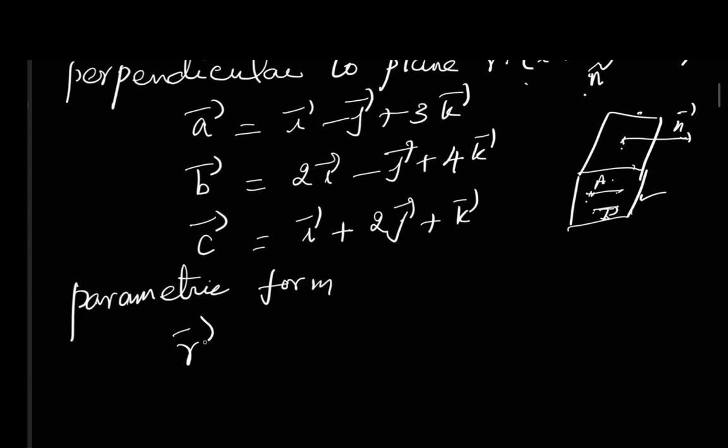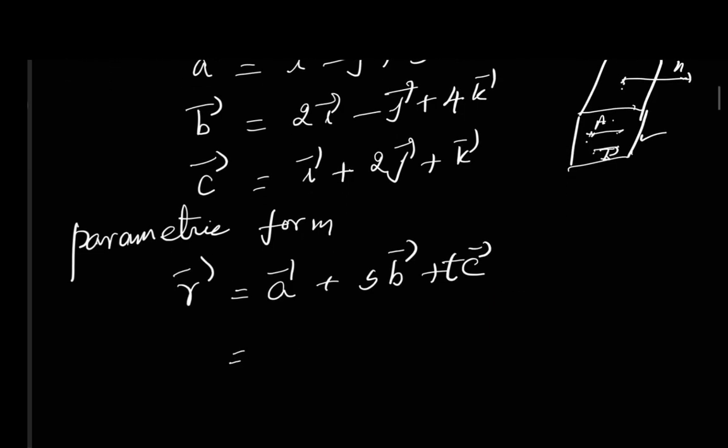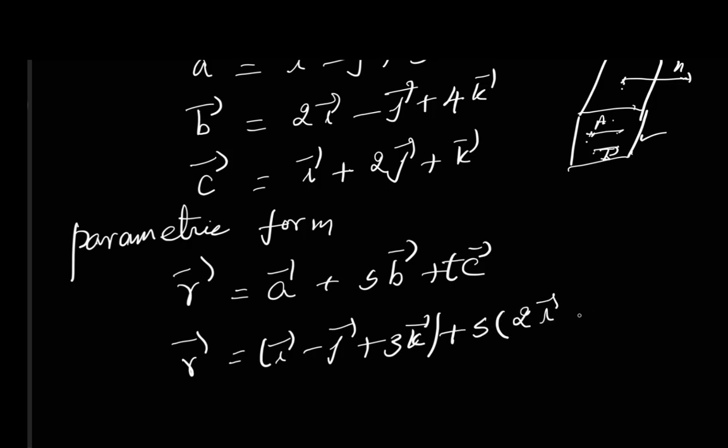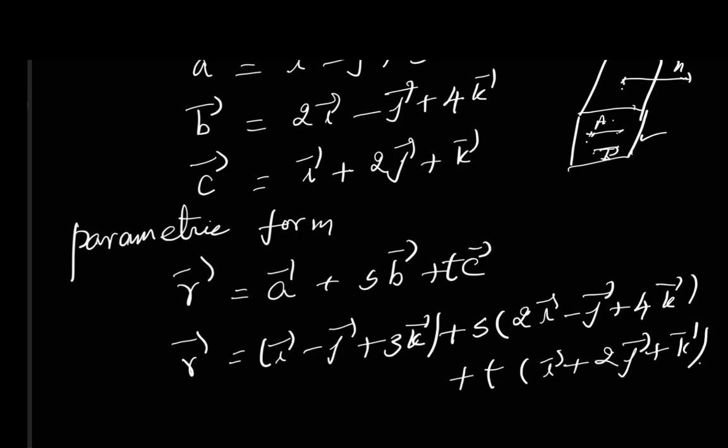So vector r is equal to vector A plus s into vector B plus t into vector C. Substitute: vector r is equal to i minus j plus 3 vector k, this is your vector A, plus s into vector B, 2i minus j plus 4k, plus t into vector i plus 2j plus k vector.